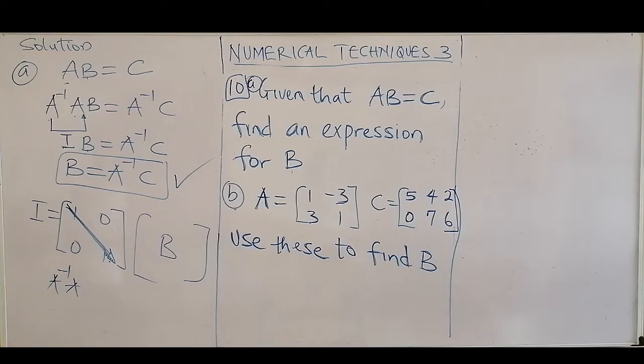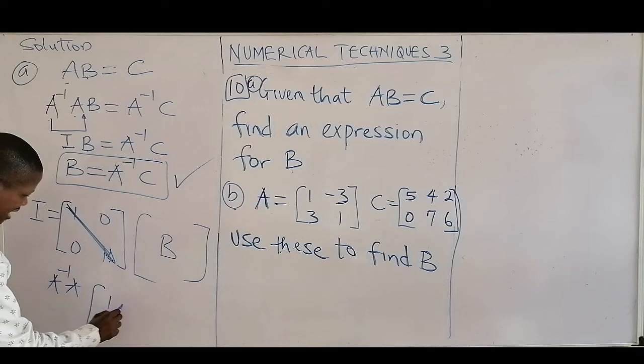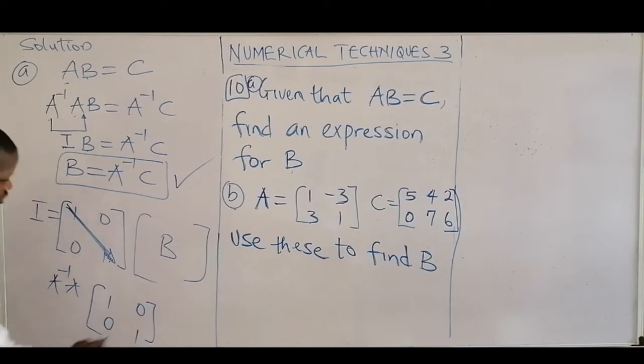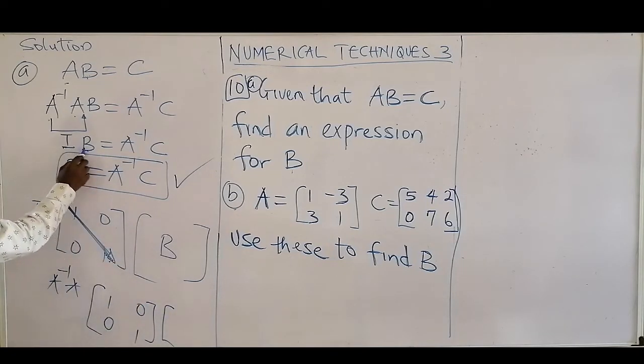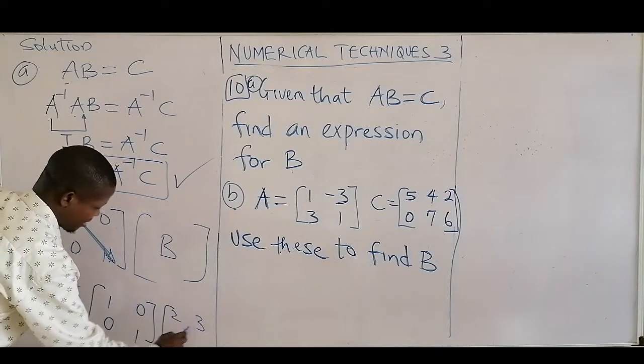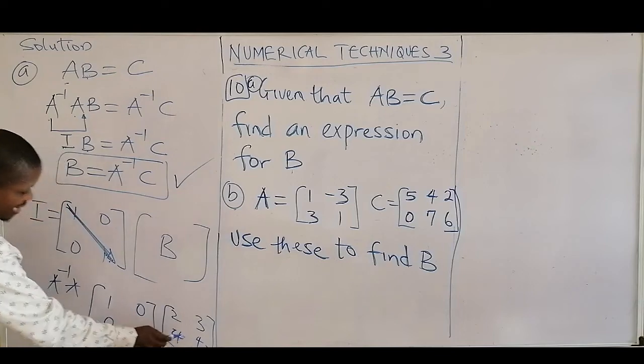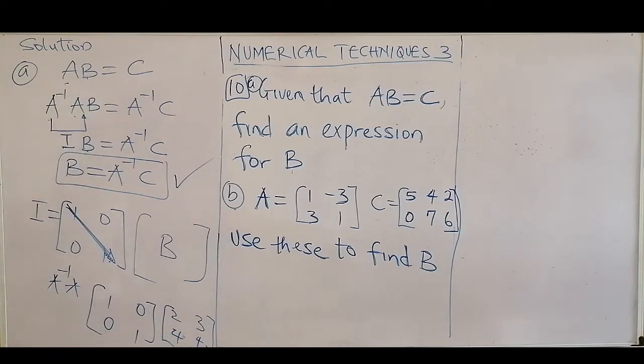If you have time, you can try to multiply a 2 by 2 square matrix, like this identity matrix, with your B. Just form any matrix you like. You will realize that it does not change; it gives you back your B. It has no effect on this matrix. You can try that. But this is just your answer here.